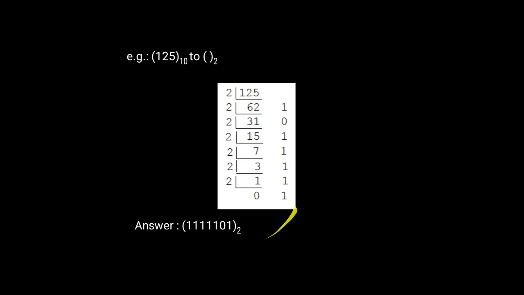Here this is 1, this is 1, this is 1, this is 1, this is 1, this is 0, this is 1. So this is the successive division method.